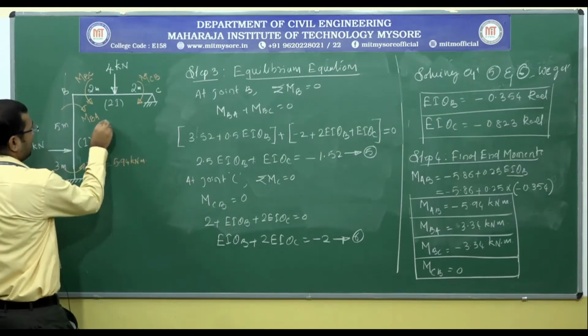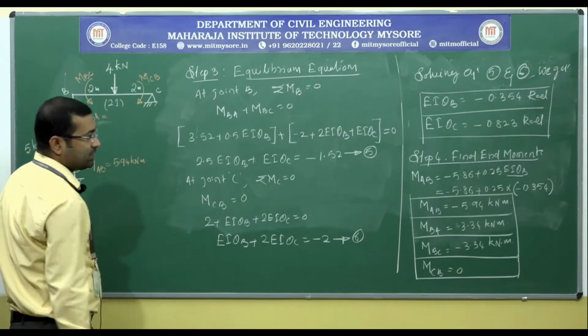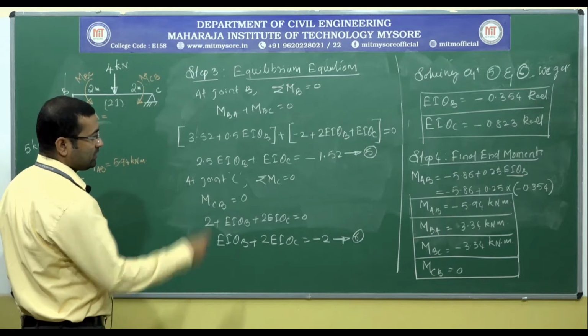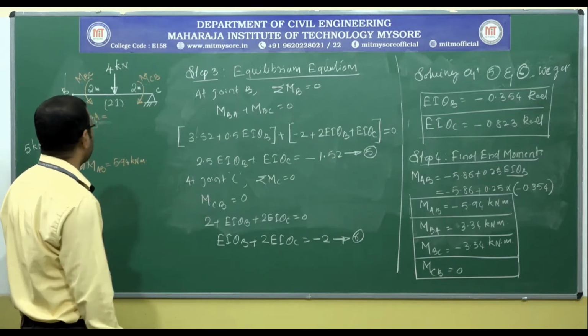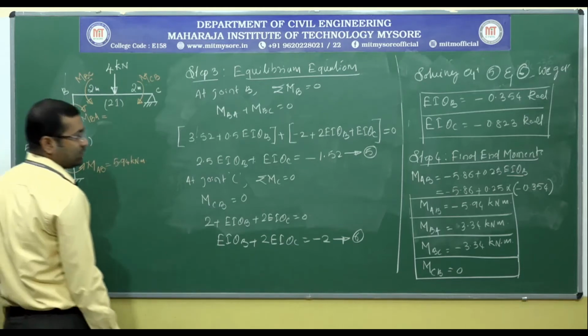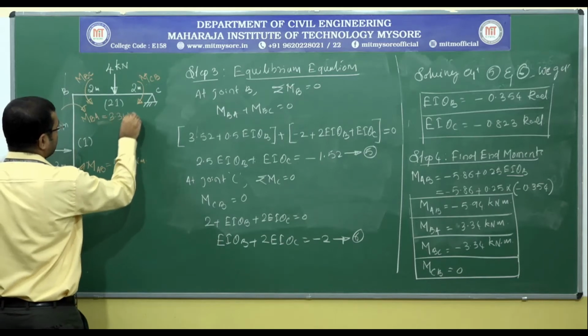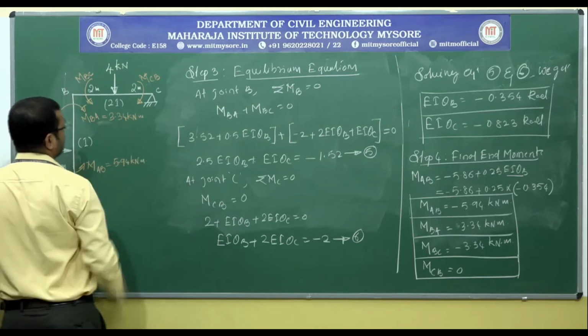Whereas the value of MBA is 3.34. 3.34 we got as a positive value. Positive means it is clockwise in direction. So it is 3.34 kilonewton meter.